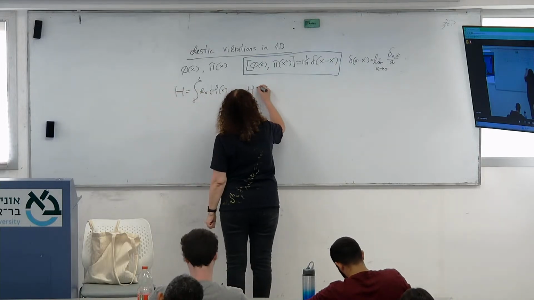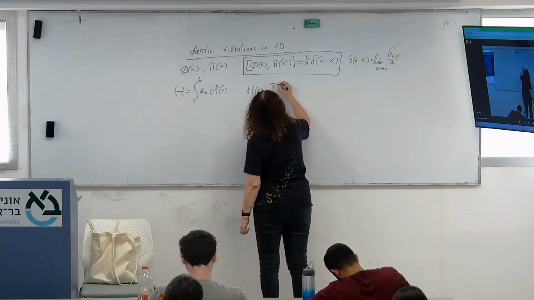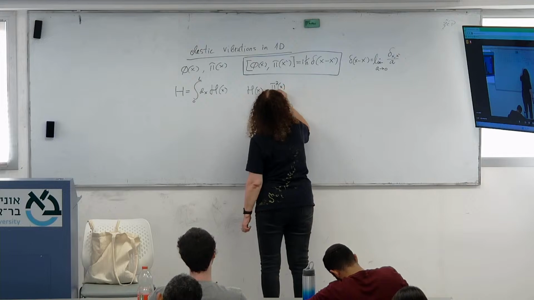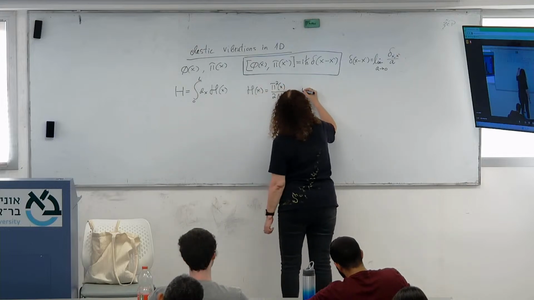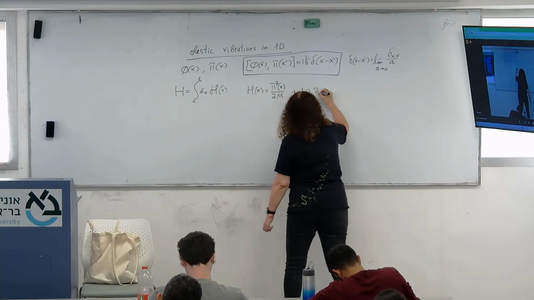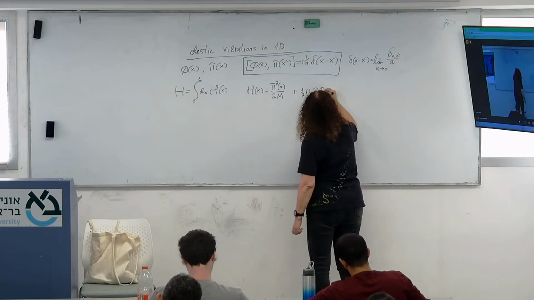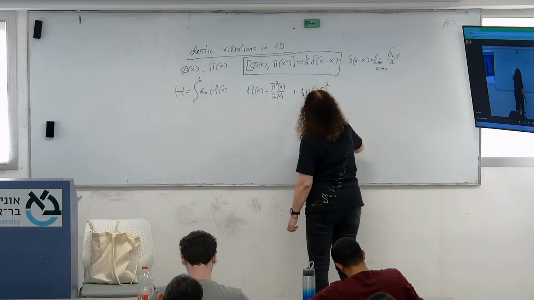The H is represented by kinetic energy, which is pi squared over 2m, plus the elastic term, which has the stiffness parameter, rho s, times gradient phi squared.